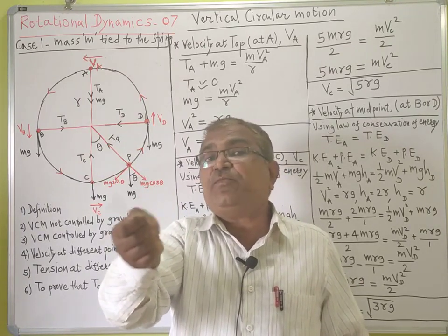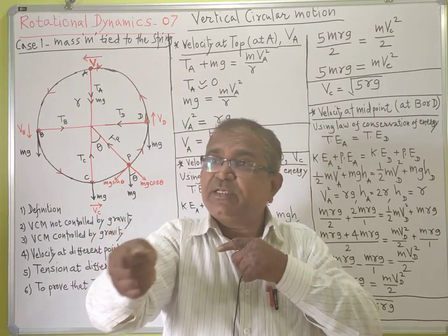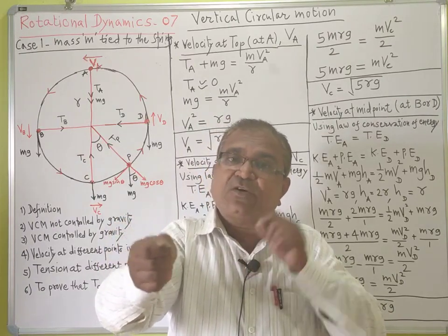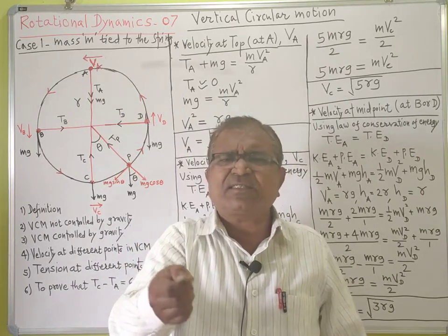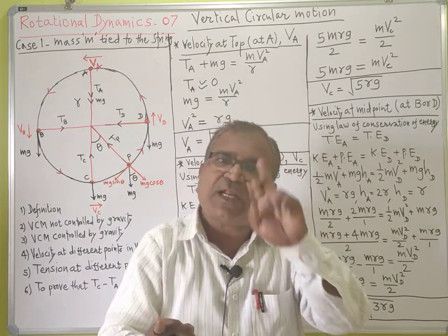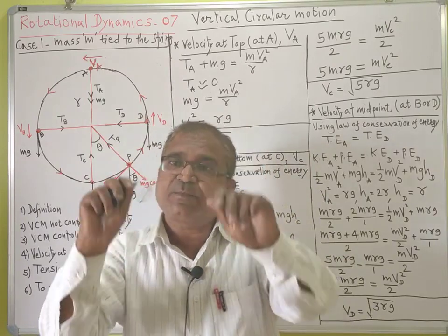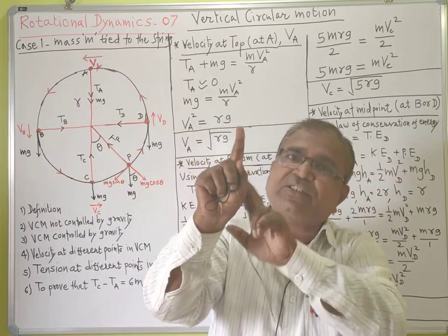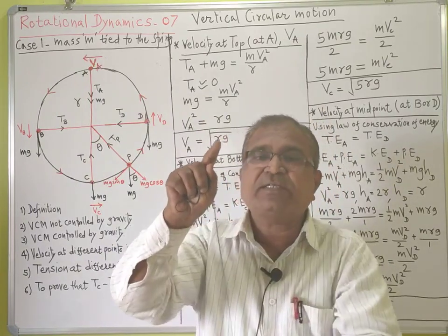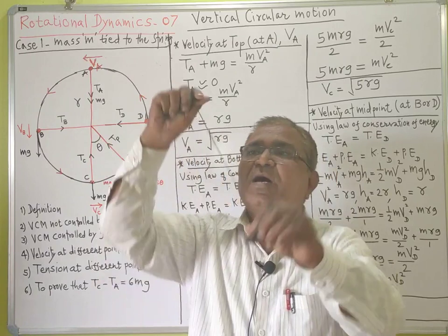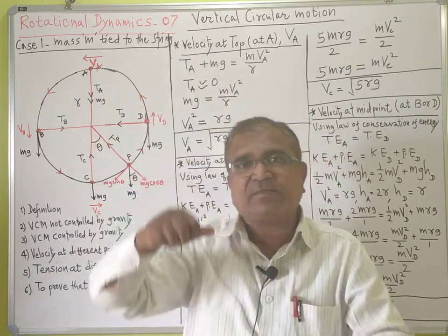At each and every point, the velocity of the particle along the circumference is constant. So there is no effect of gravity over this mass, because I have applied extra energy by the hand over the mass when this mass is connected to the string.